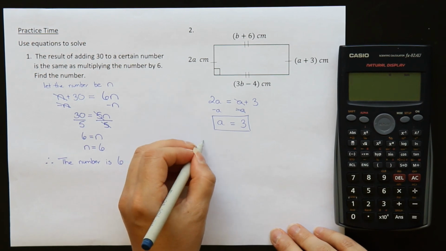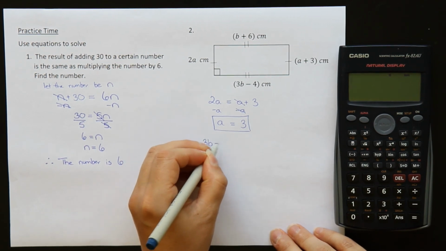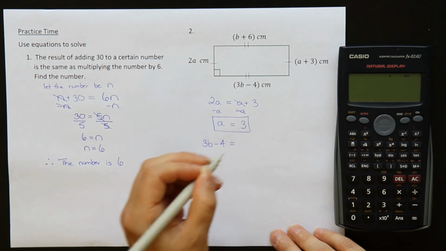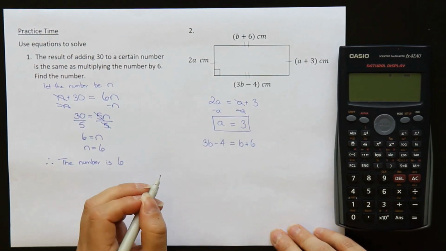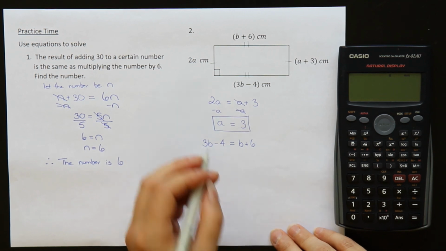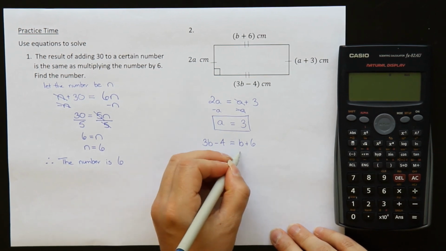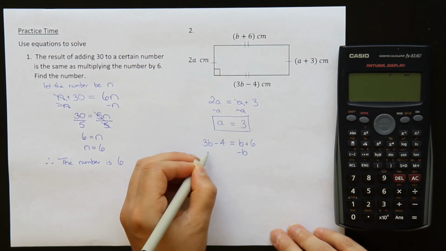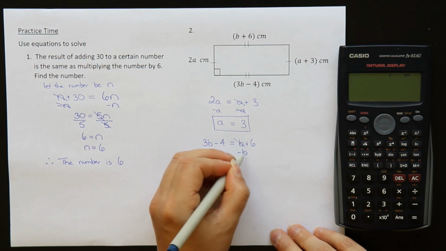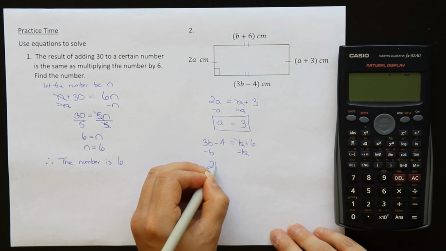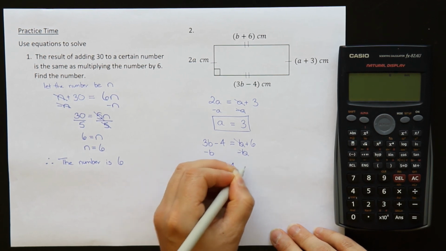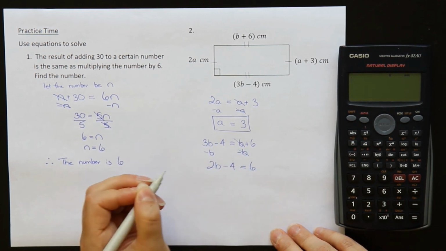So 3b minus 4 is equal to b plus 6. Pronumerals on both sides again. 3b and b. b is smaller, so let's subtract b. 3b subtract b is 2b minus 4 is equal to 6.